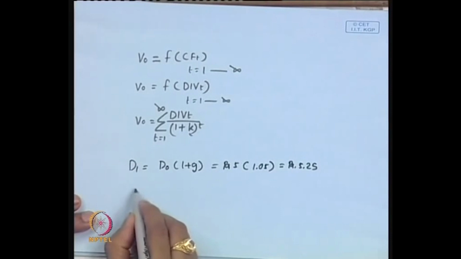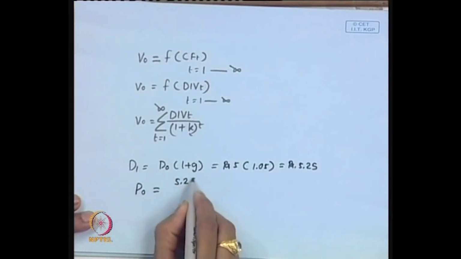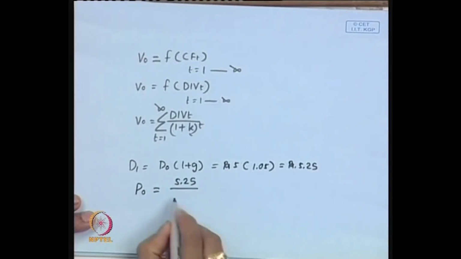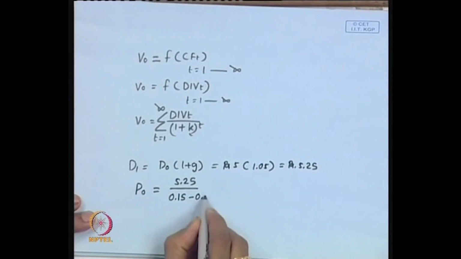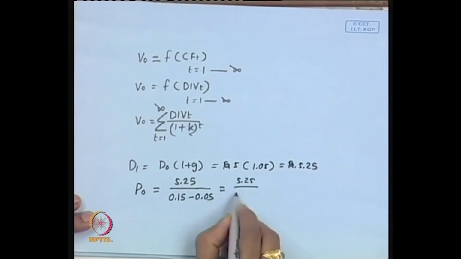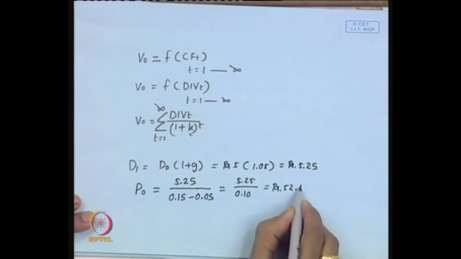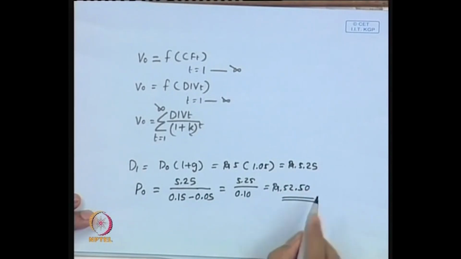Then the value of the share, the price today, should be 5.25, which is D1, divided by Ke, given as 0.15, minus 0.05, the growth. That gives us 5.25 divided by 0.10, which gives us rupees 52.50, that is 52 rupees 50 paisa, the price of the share.